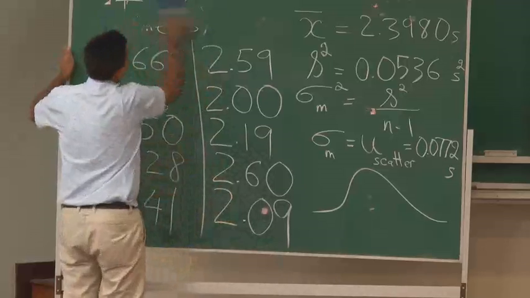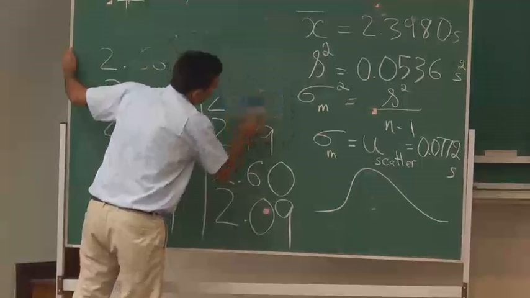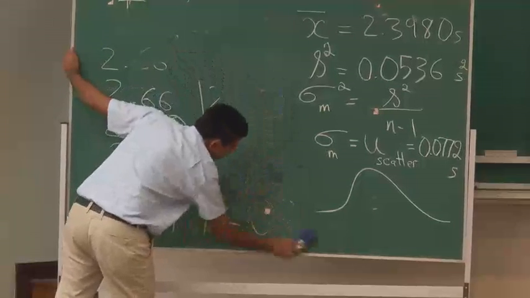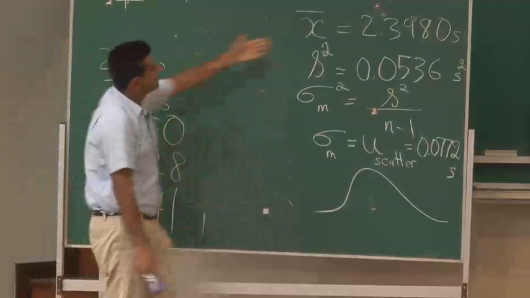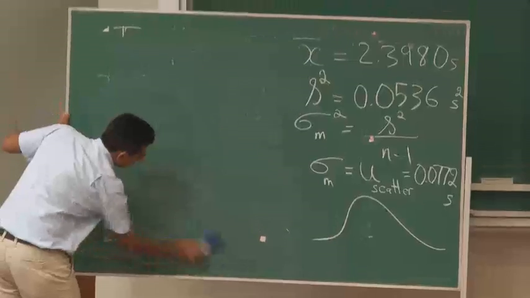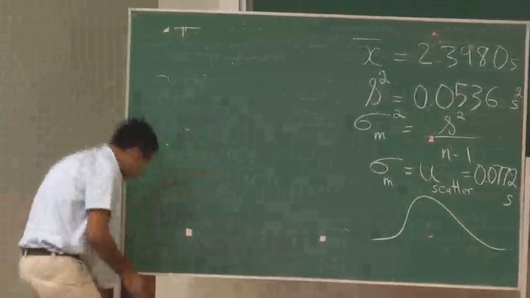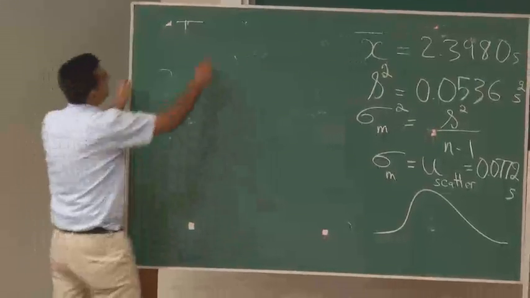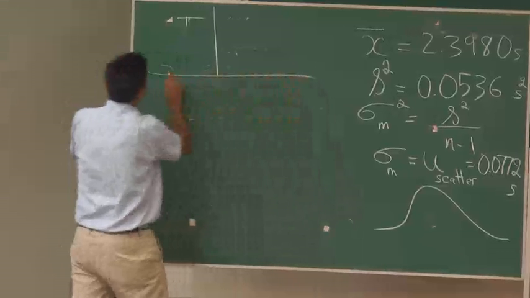However, there is this second uncertainty. Now I can get rid of all of these results because I have the best estimate and I have one kind of uncertainty. For the other kind of uncertainty associated with the human response, I can draw a probability distribution function.